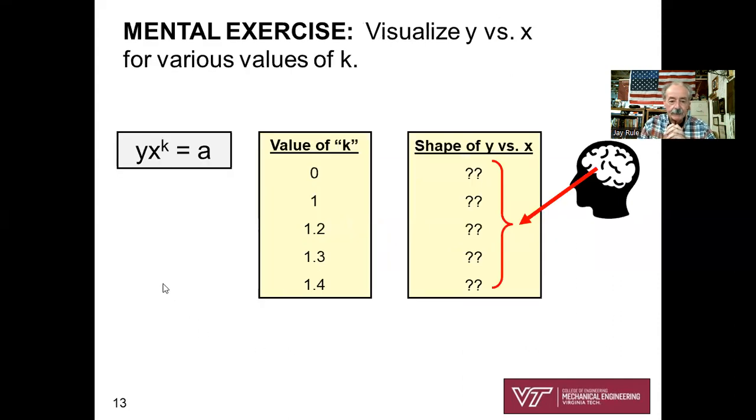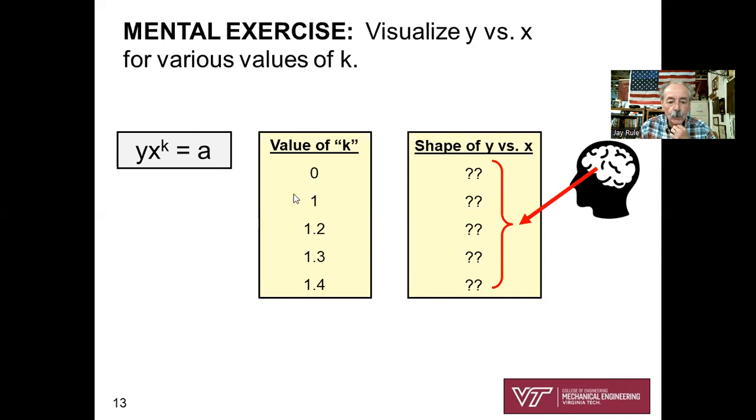Mental exercise here. So we're going to pause on these power functions. In general, if we've got y x to the k that we observe a lot in thermodynamics class, y x to the k equals a, some number. What is the shape of the curve when k is 0? You use your head to think of that without drawing it.